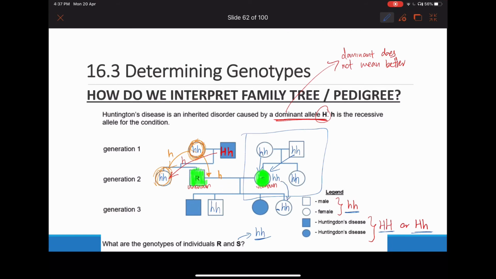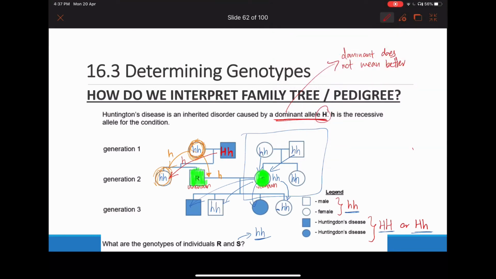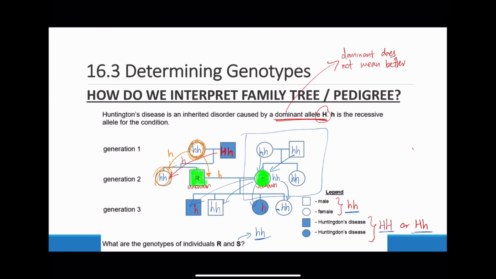Whenever they have a kid between R and S, S will always pass down the small h allele. The child that is shaded has one small h allele because it came from the mom, much like what we explained at the starting part. But all these kids have the disease, which means all these kids must have a heterozygous genotype as well.